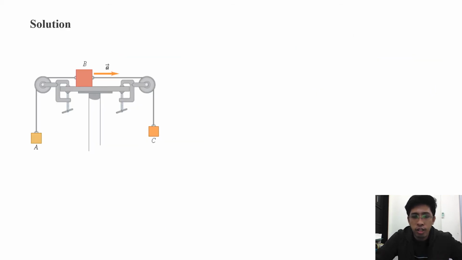So let's draw the free body diagram. Here we have three bodies, and since we have three bodies, we draw one free body diagram for each. So let's draw the free body diagrams.